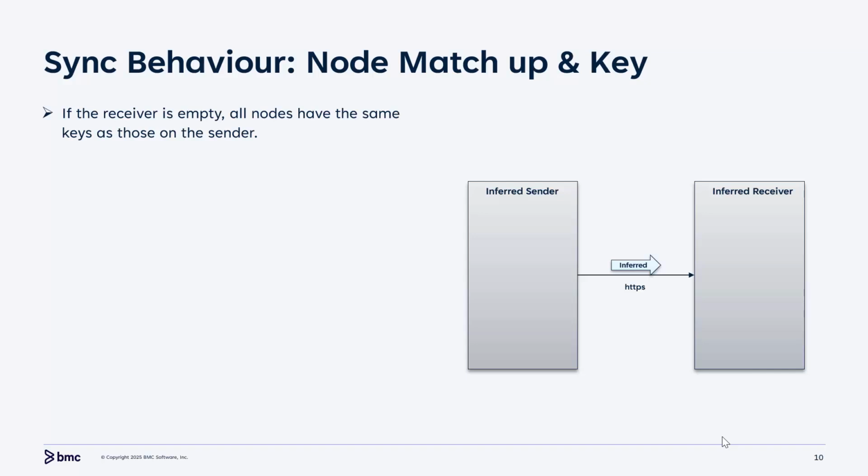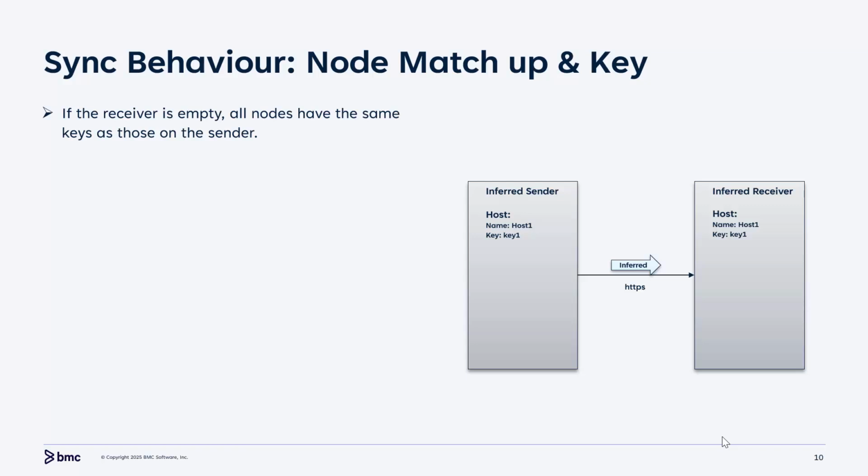Let's take an example and understand this. Let's say on the inferred sender, we have a host 1 with key 1. Then when this data is sent to the inferred receiver, it will maintain the node key. So on the receiver, we will see the same name as well as the same key.